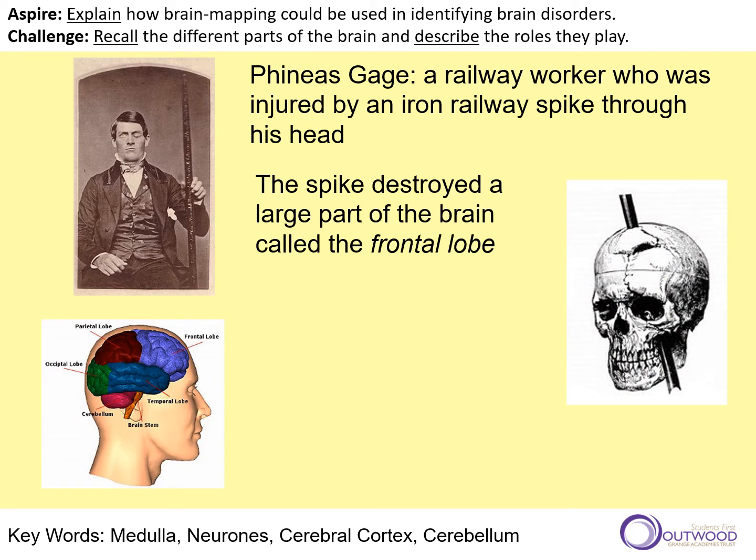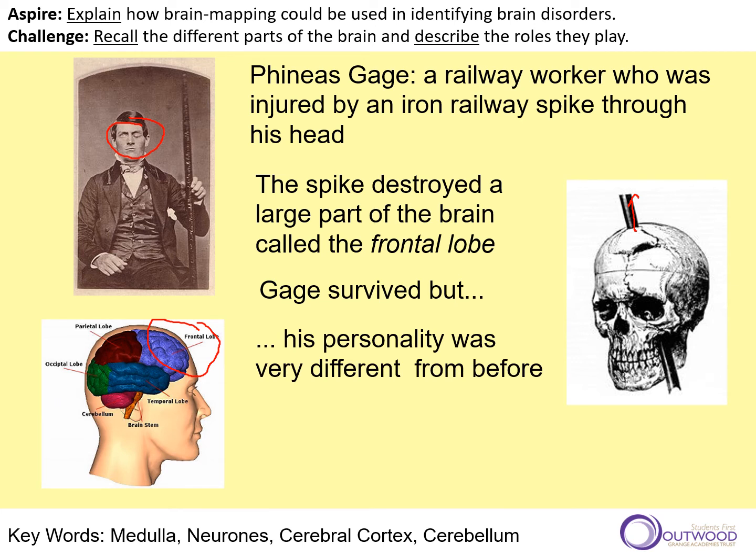You can see the image on the right hand side, the skeleton. The spike destroyed a large part of the brain called the frontal lobe. So, the front part of your brain where your forehead is, labeled blue on this diagram. You can see that's the damage. Obviously, he doesn't look like he's functioning very well at the moment.